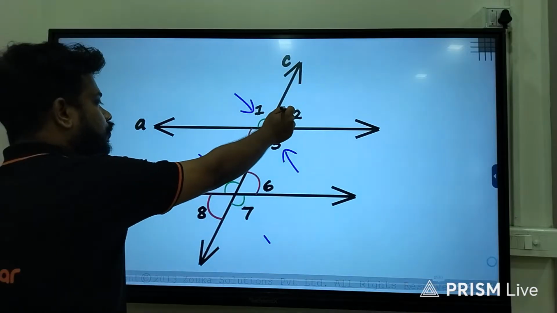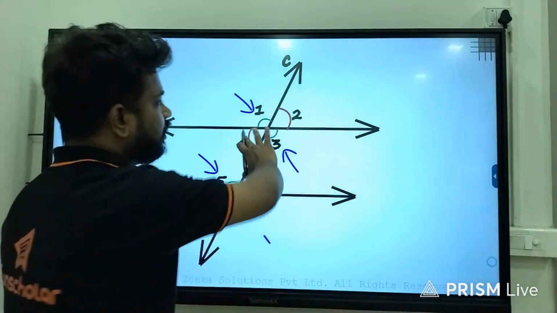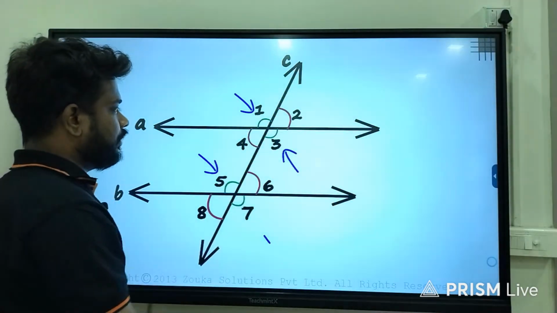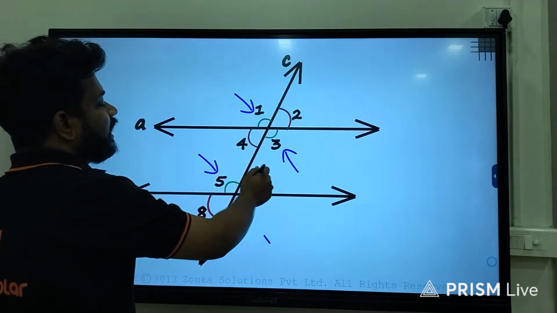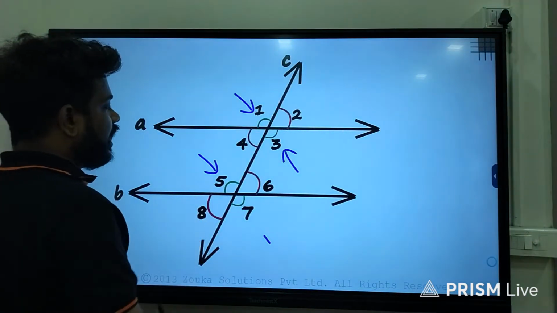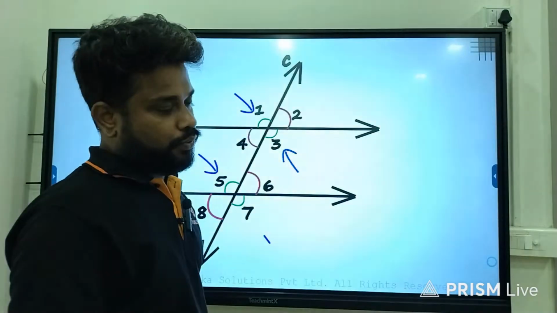Like angles 2 and 4 will be vertically opposite, so they will be equal, and 6 and 8 are also vertically opposite angles, they will be equal. Also angle 2 and angle 6 will be equal, and angle 4 and angle 8 are also equal.